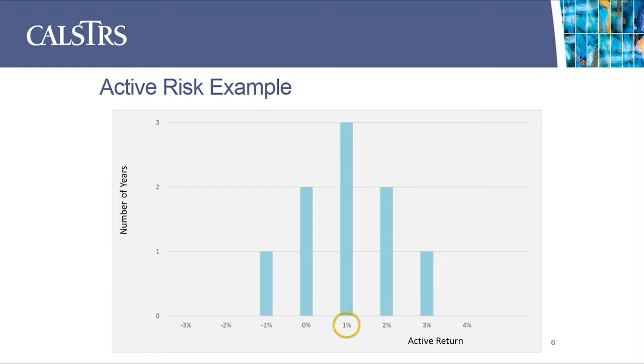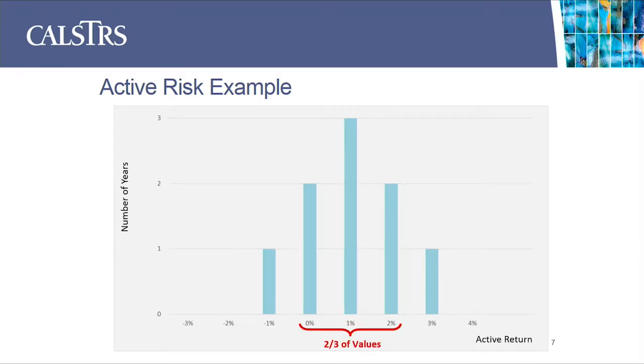The values in a bell-shaped curve can be completely described by two numbers, the average and the standard deviation. And 2/3 of the values are within plus and minus 1 standard deviation of the average. Active risk is the standard deviation of active returns, the variation or dispersion of active returns around the average.